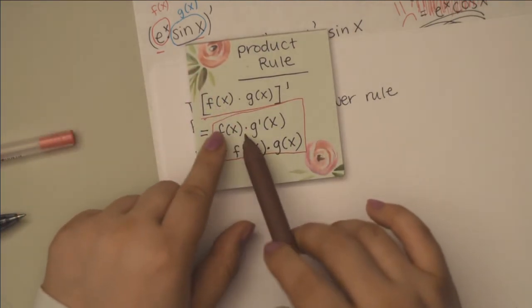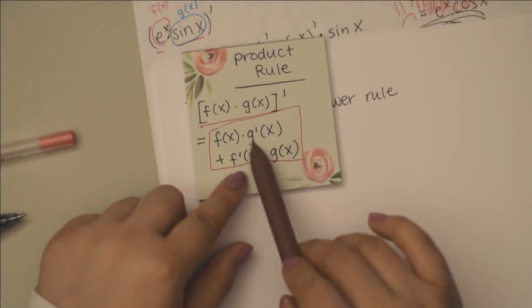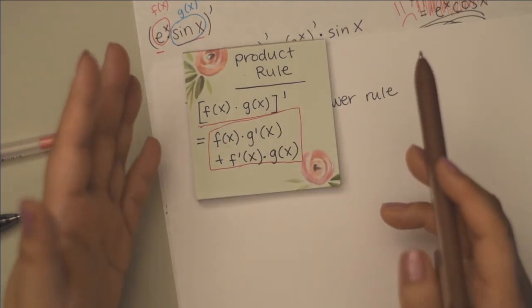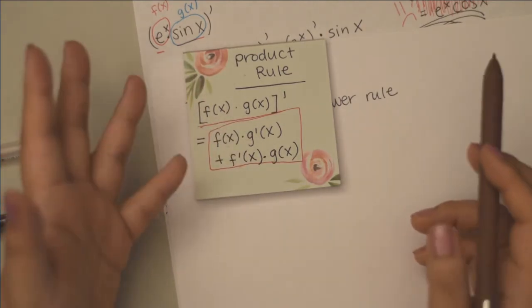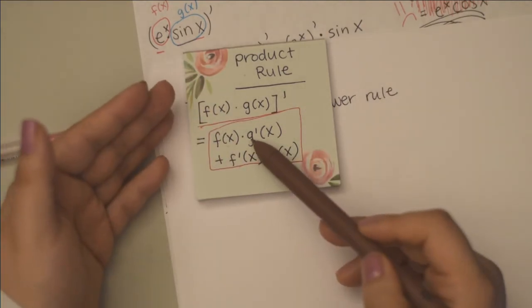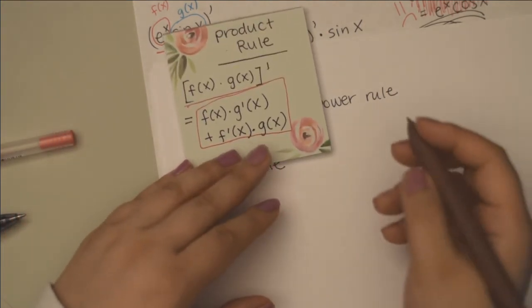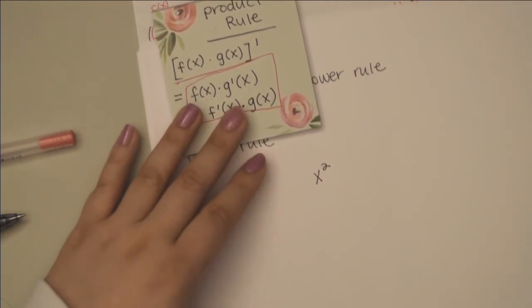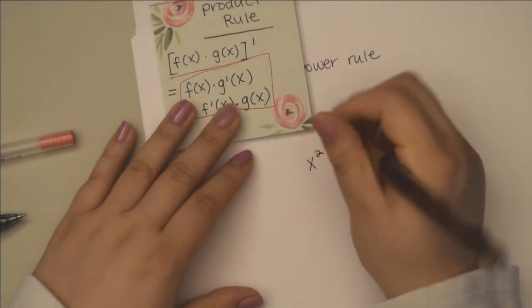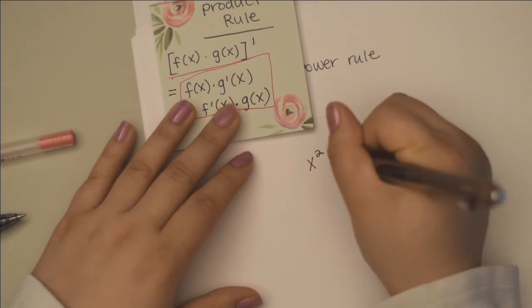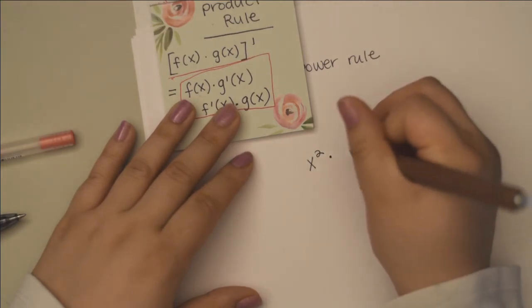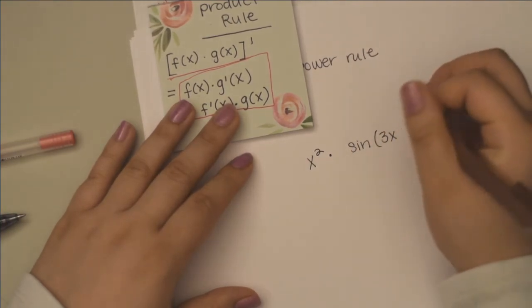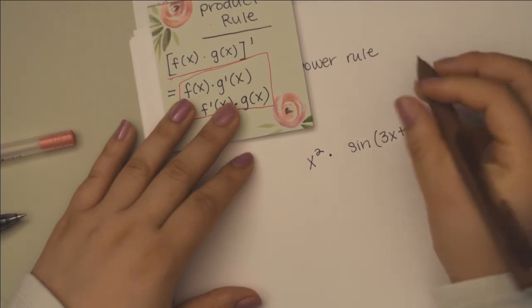But remember that when you do write this out, the derivative of the second part and the derivative of the first part might contain something where you need to apply another rule. So you might need to use the chain rule to find the derivative of this. So something like, I don't know if I can come up with a good example right off the top of my head, but like x squared times sine of 3x plus 5 or something like that.